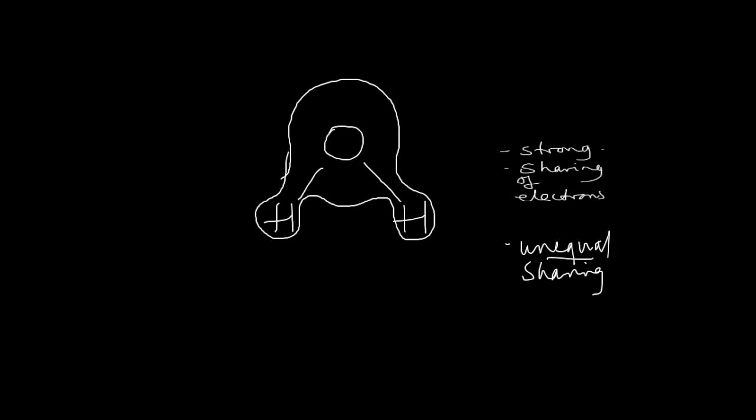Now, because each electron is negatively charged, what this means is there's a much more negative charge around the oxygen, and we show that using a sign called delta negative. What that means is oxygen has a slight, very slight extra negative charge compared to the hydrogens.